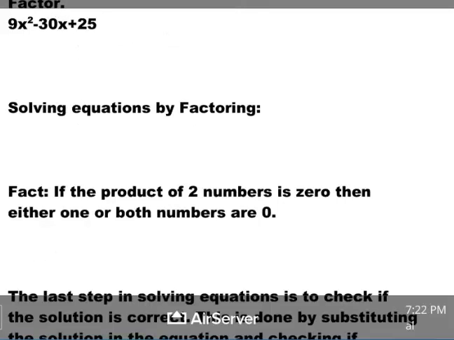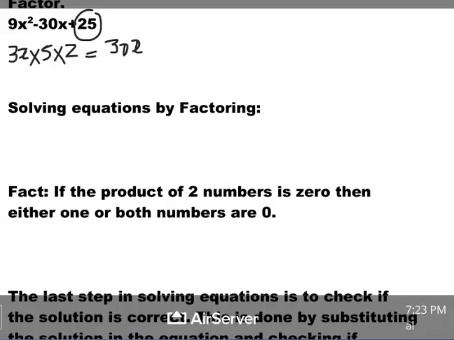Now consider the example 9x squared minus 30x plus 25. Again, we are dealing with 3 terms here. The square root of 9x squared is 3x. The square root of 25, the last term, is 5. If we multiply these 2 terms times 2, we're going to get 10 times 3x, which is 30x.